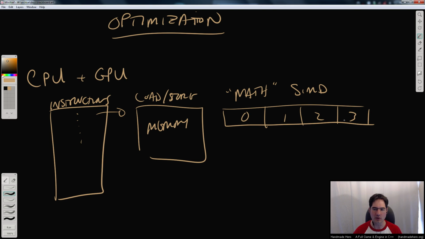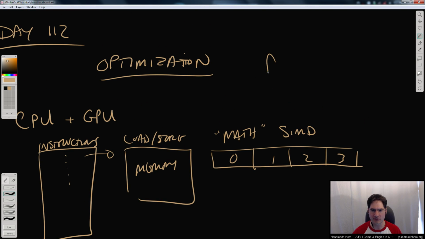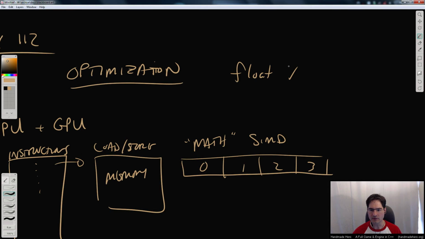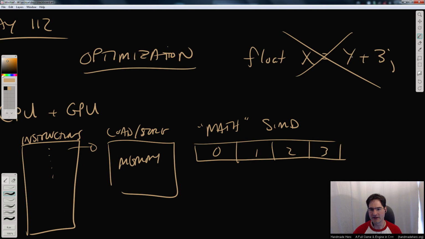So the way we've been looking at code, where we have something like float x equals y plus 3, is not at all how modern processors work. This does not happen in a CPU or a GPU ever. We write that only because we are not caring about whether the code is optimal.